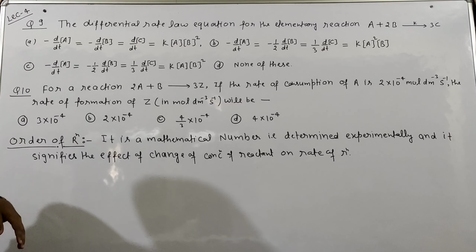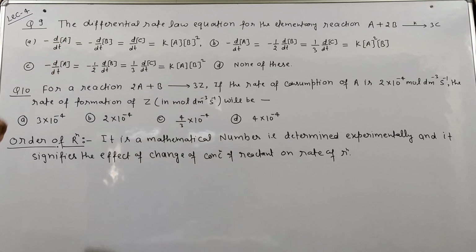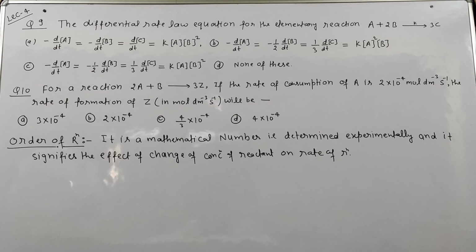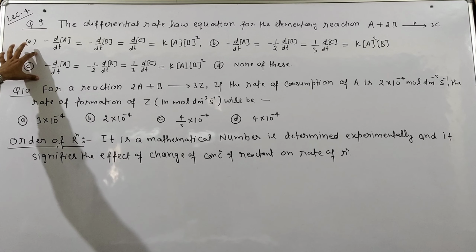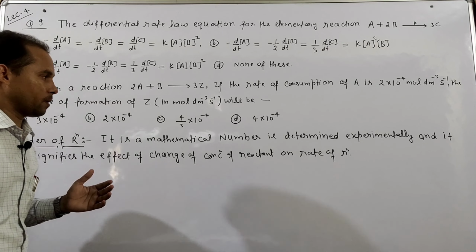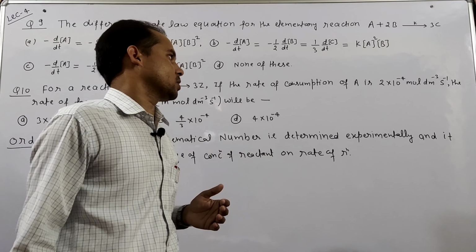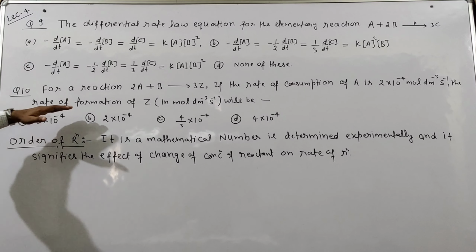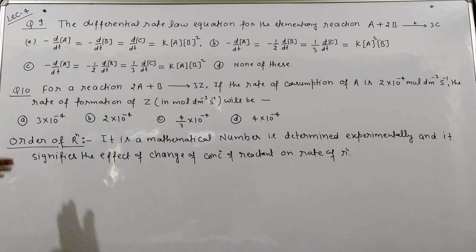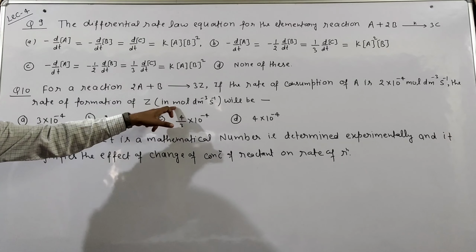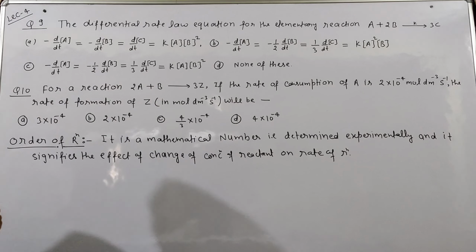You have to do these two yourself. The first question: the differential rate law equation for the elementary reaction A plus 2B giving 3C, and these are the four options. The second is for the reaction 2A plus B giving 3Z: if the rate of consumption of A is this many mole per decimeter cube per second, and the rate of formation of Z is this, we have to calculate the rate of formation of Z in mole per decimeter cube per second.